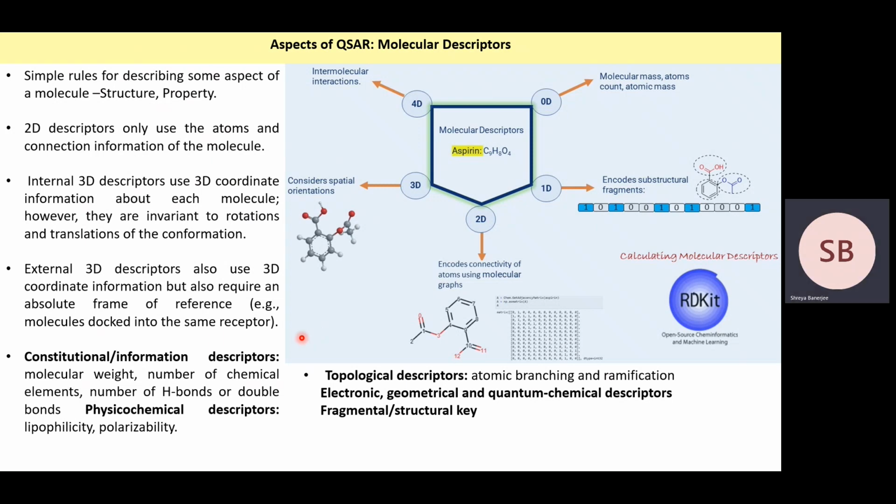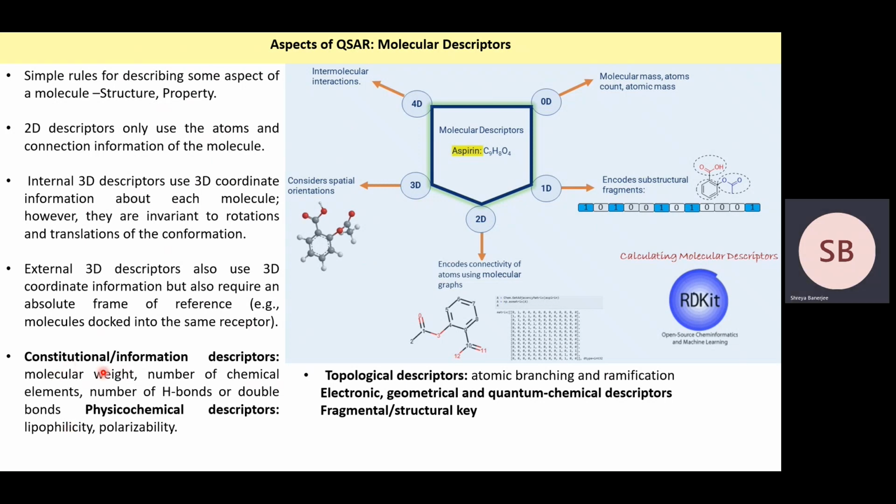Then we have external 3D descriptors, and they also use 3D coordinate information, but they require an absolute frame of reference, like if the molecules are docked into the same receptor. So basically, external 3D descriptors are XYZ coordinates, and they will change with the rotation or translation of the molecule. Then there are 4D descriptors, which basically classify the intermolecular interactions.